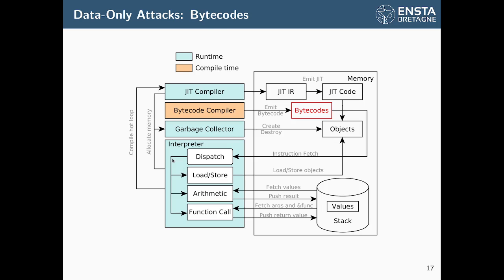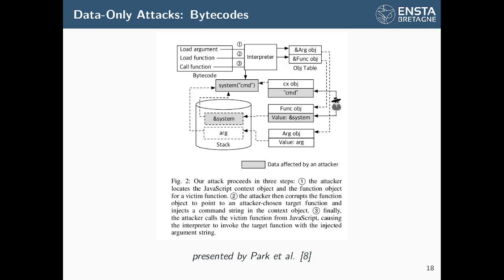Another idea is to attack the bytecodes. This can be done by, for example, overwriting a call function by pointing it to a system command, and the attacker can therefore launch any code that he wants on the victim machine.